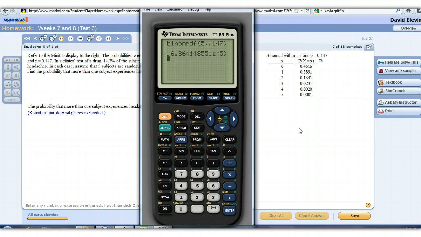Alright, so that's the PDF. That's what they're doing over here. They're just showing you, I got the binomial PDF, or the distribution by using the binomial PDF. We could have verified that easily.